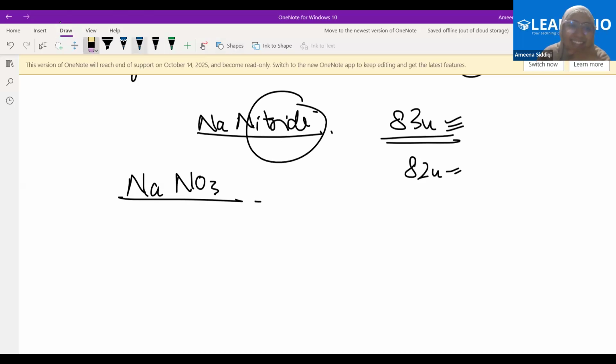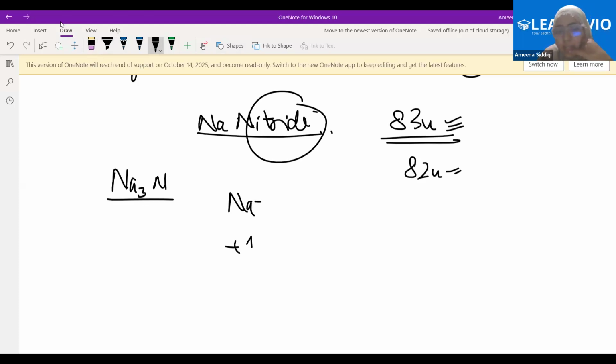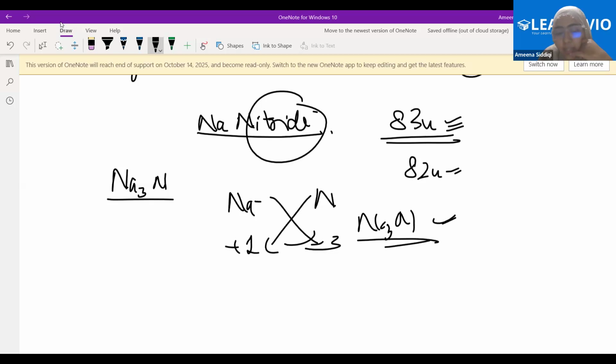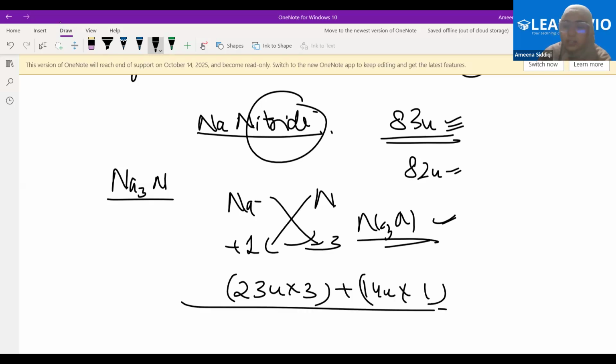Bethel, what's the formula that you got? Na3N. Excellent. That is the correct one. Why? Because sodium is +1, nitride is -3, so we get Na3N. Excellent. Now, based on that, 23 u into how much? 3 plus 3, ma'am. 14 u into 1. You will get the answer.